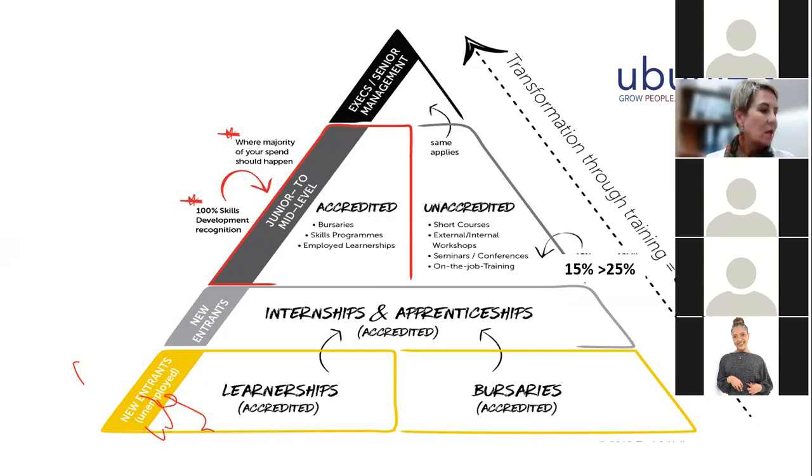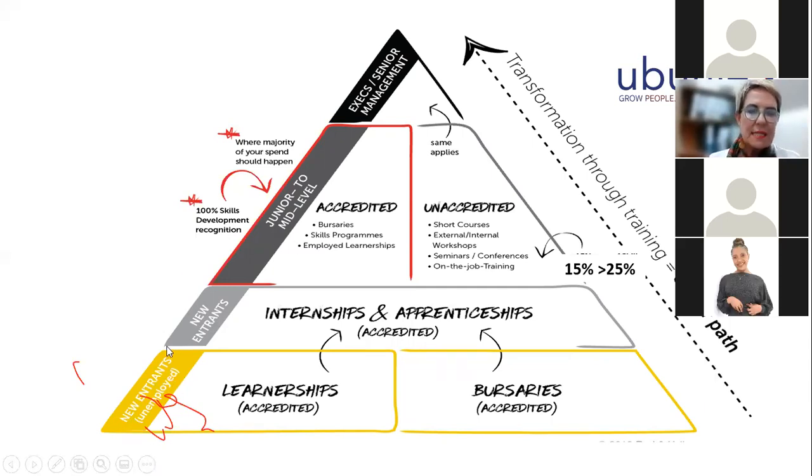So what we consult to our clients is, look at the different levels in your organization. And what we've done is we've said, right, in the lowest level of an organization, we look at learnerships, bursaries, internships. This would be focused on new entrants into a business, right?